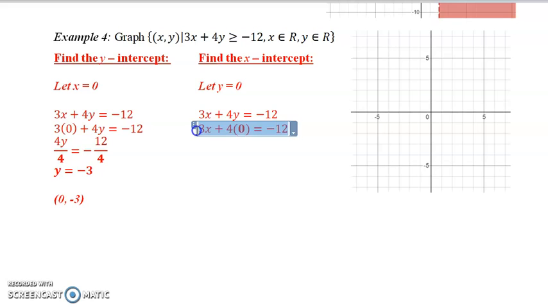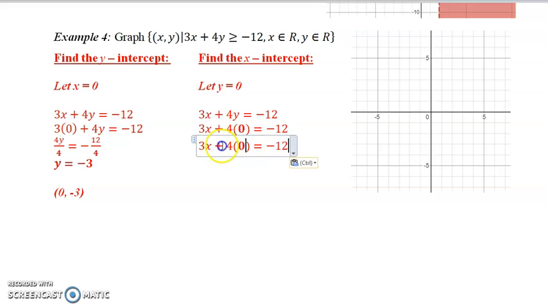If we multiply 4 by 0, it's gone. And we divide by 3. That will give us x equal to negative 4.